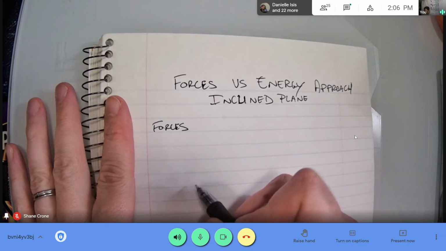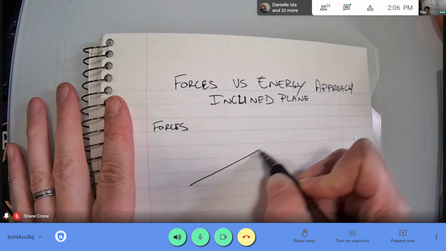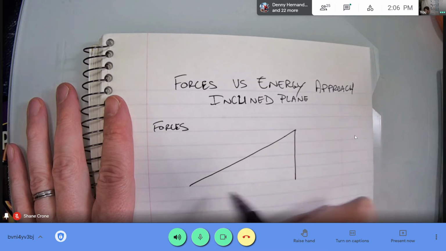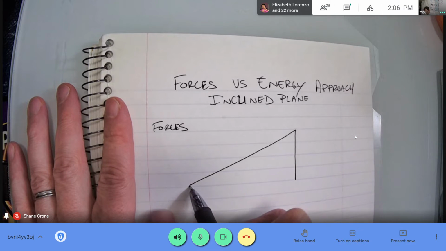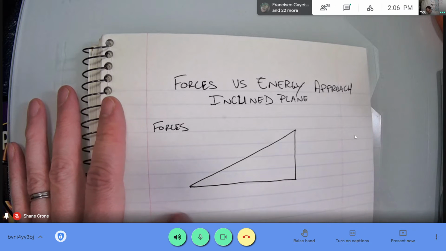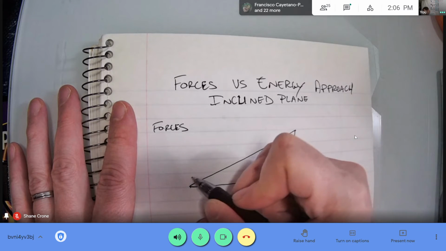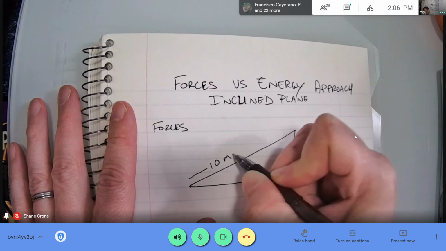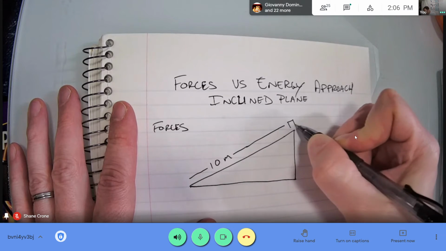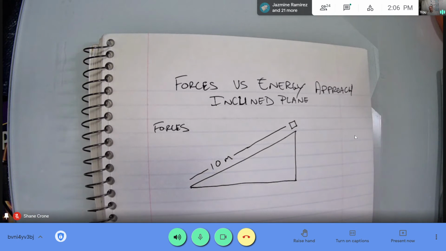So I'm going to look at this situation. We're going to put a little box at the top of the ramp.